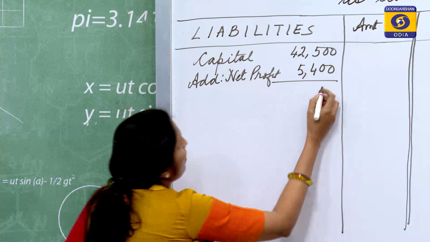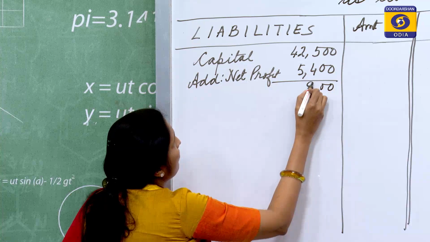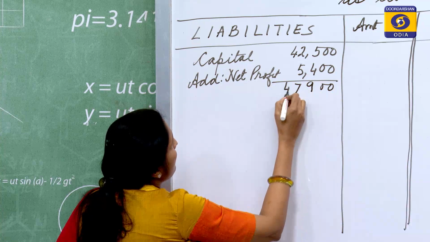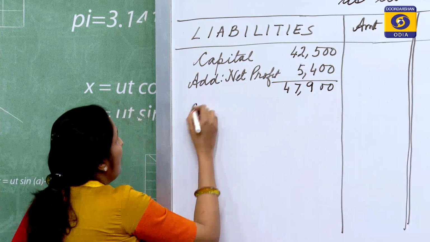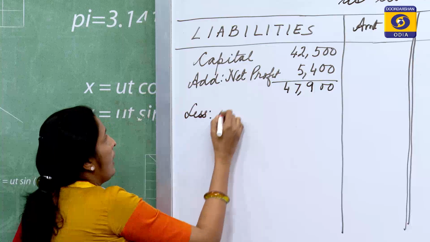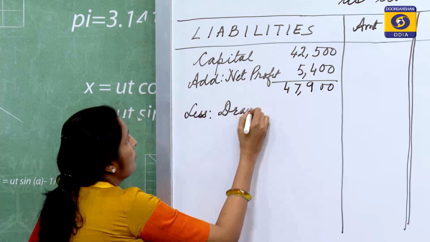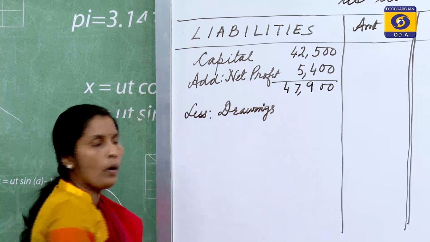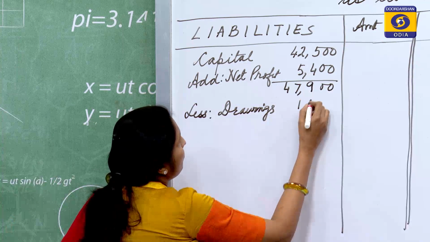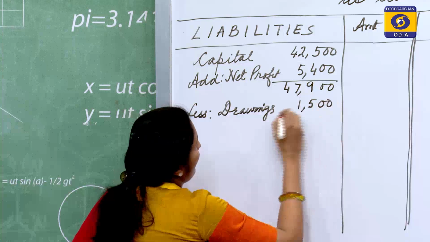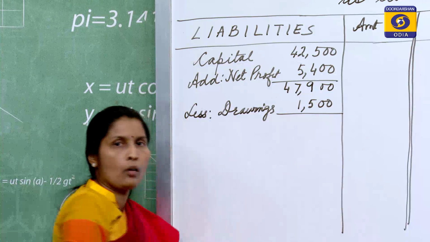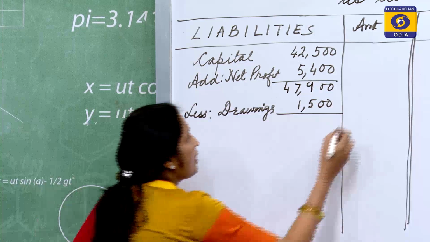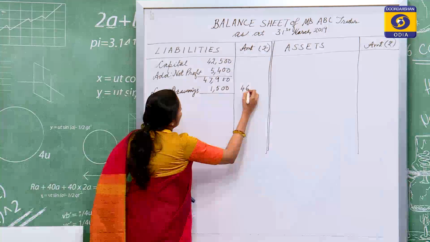So let's do a totaling over here. This is 47,900, less we'll have drawings. So the amount of drawings given to us is 1,500. So what goes to the outer column is 46,400.